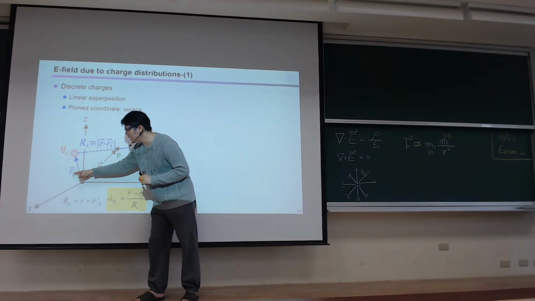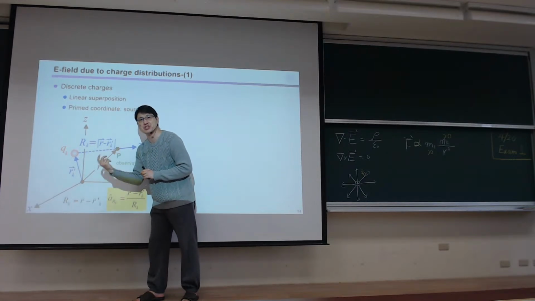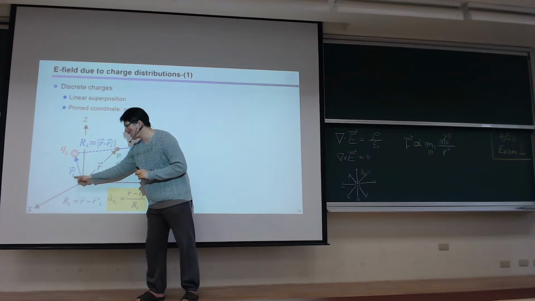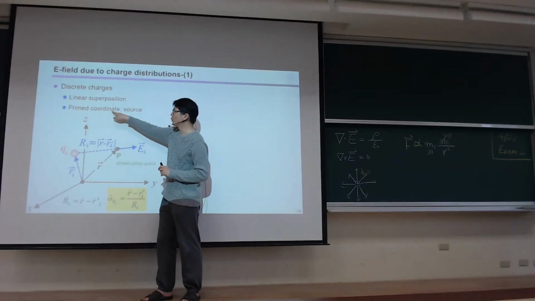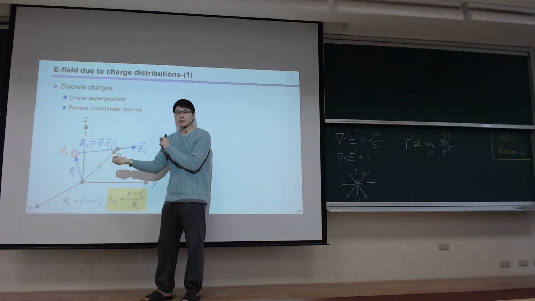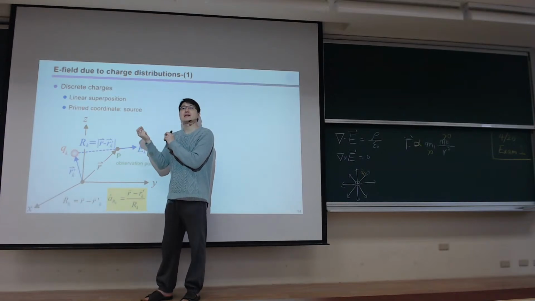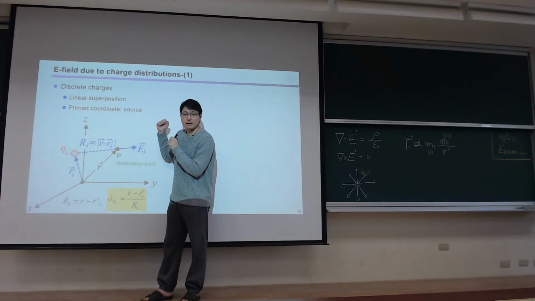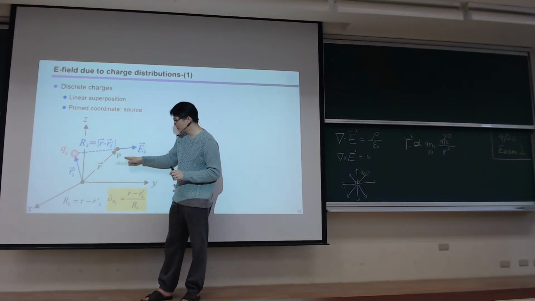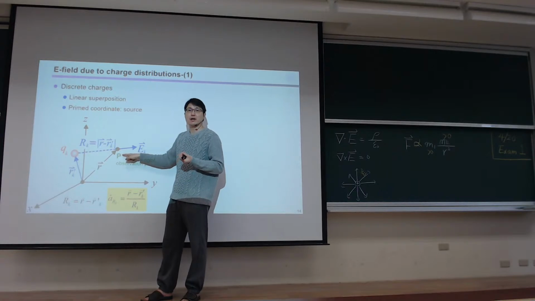So this r k prime, once you see it, you know this is the position of the kth charge, because you have this prime here. So I'm using the prime coordinate to denote a source, a charge. The unprimed system is used to express the observation point.